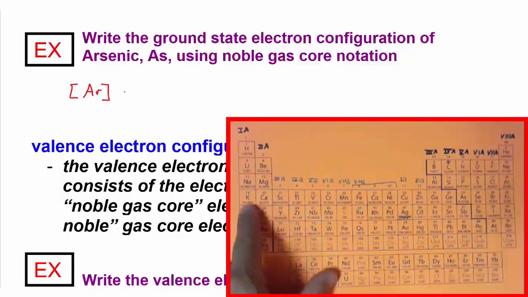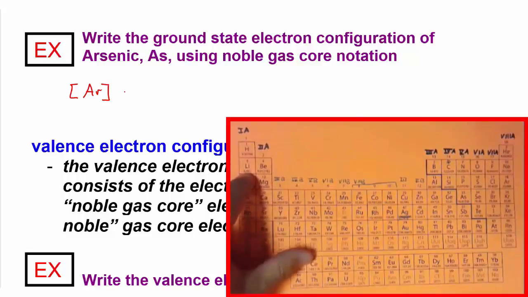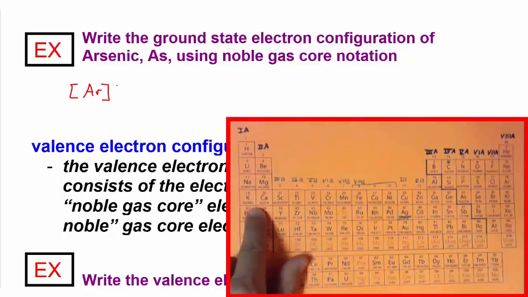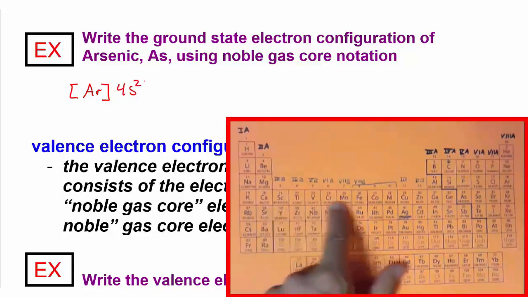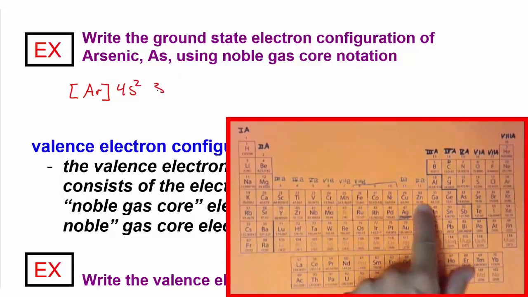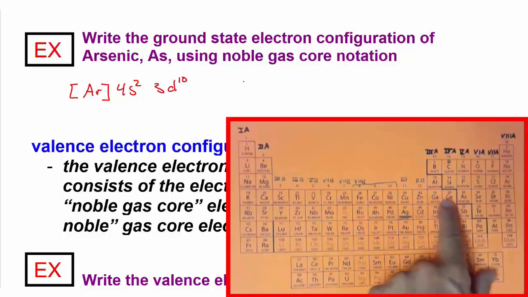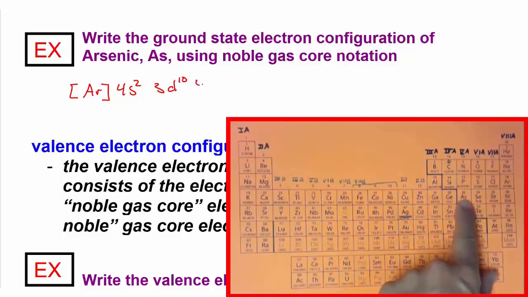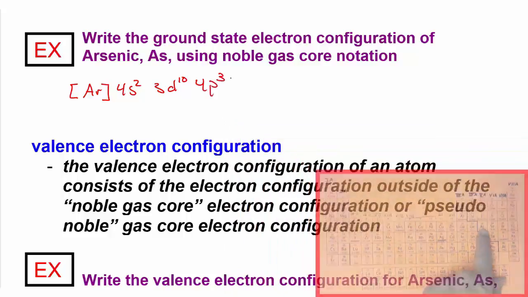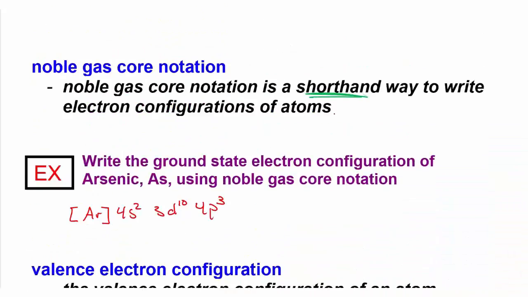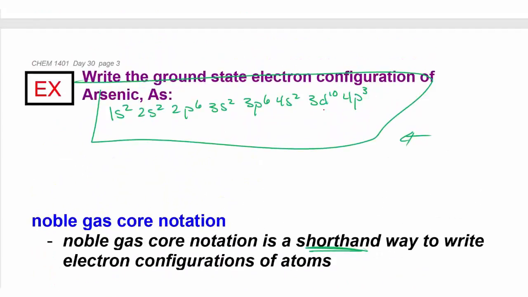After argon is 19, so we have 1, 2, 3, 4s2, 3d10, 4p1, 4p2, 4p3. So you see what we got to do? We just got to skip all of this and just write argon instead.